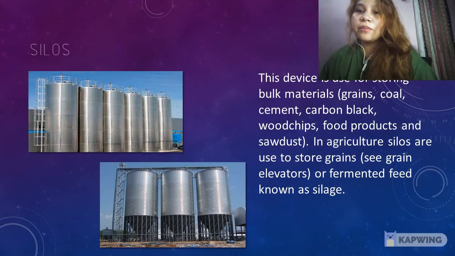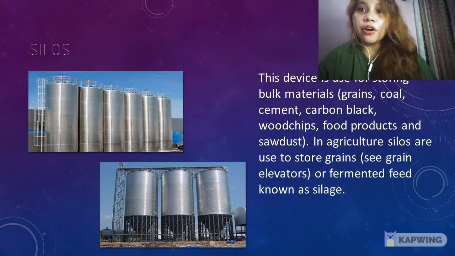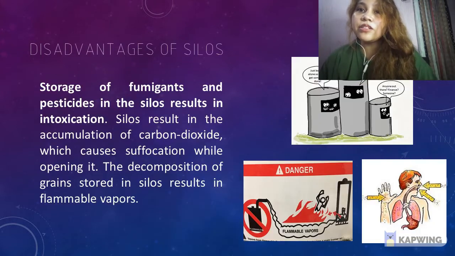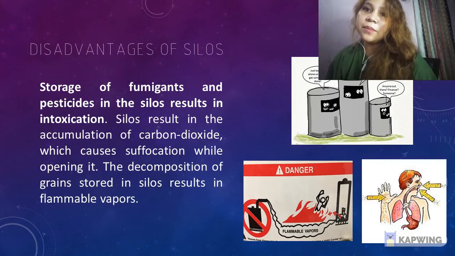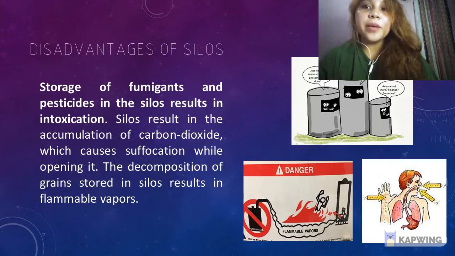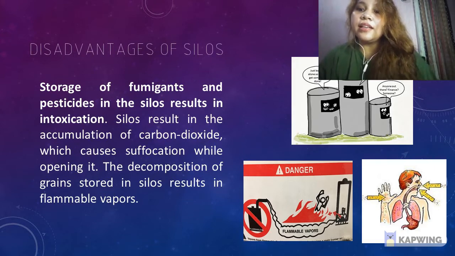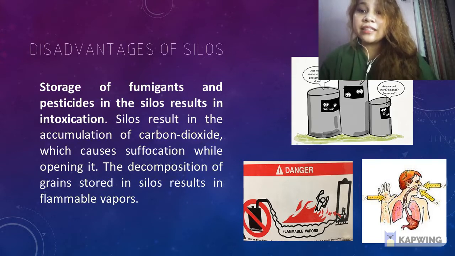So aside from this plausible feature of the storage silos, it also comes with disadvantages. First, the storage of fumigants and pesticides in the silos results in intoxication. This actually applies in the chemical industries, and it results in accumulation of carbon dioxide, which causes suffocation while opening it.